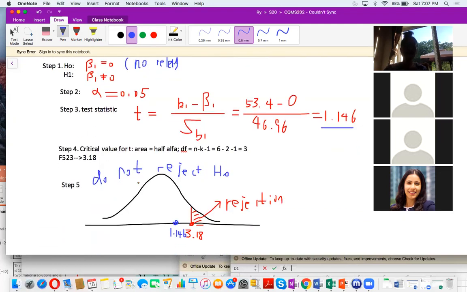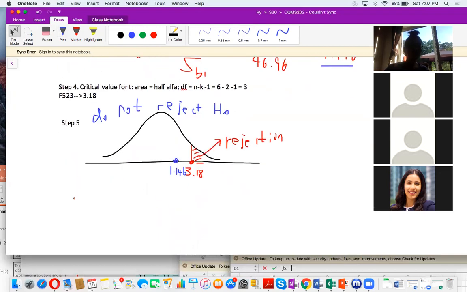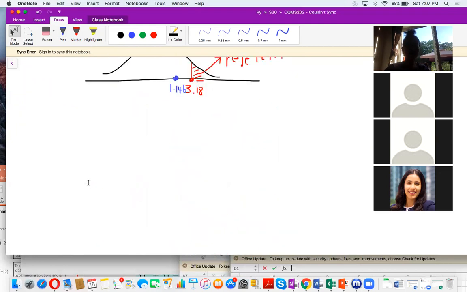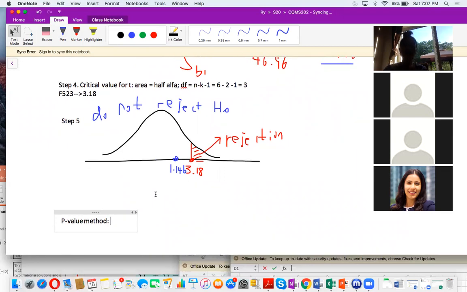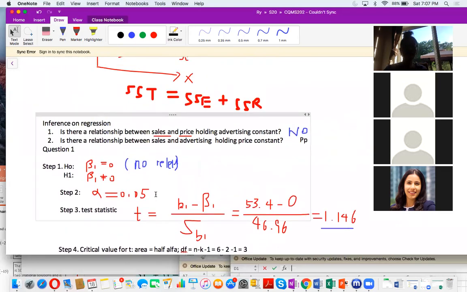So these 5 steps are the critical value method. You can also use the p-value method. For the p-value method, you compare the p-value with alpha. Where is the p-value?